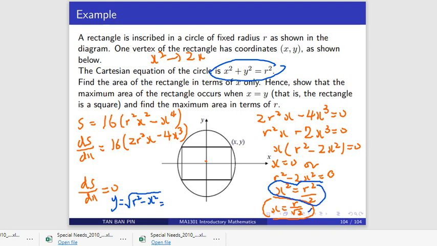Instead of substituting x as r over square root 2, you sub x squared as r squared over 2. So it will be square root of r squared minus r squared over 2. So it's just square root of r squared over 2. r squared minus r squared over 2 is r squared over 2. Then you take square root, it will be r over square root 2.